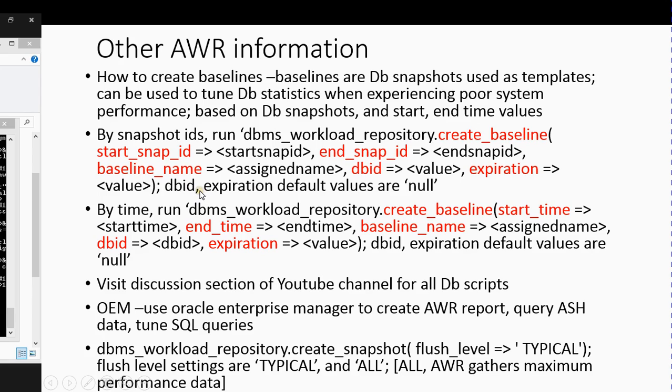I already have DBID up there, but anyway, DBID and expiration default to null. If you do not provide these two parameters, it's just going to result in null. If you do it by time, create baseline, you have a start time and end time, baseline name, DBID and expiration. Same thing again, the default values are null for these two.